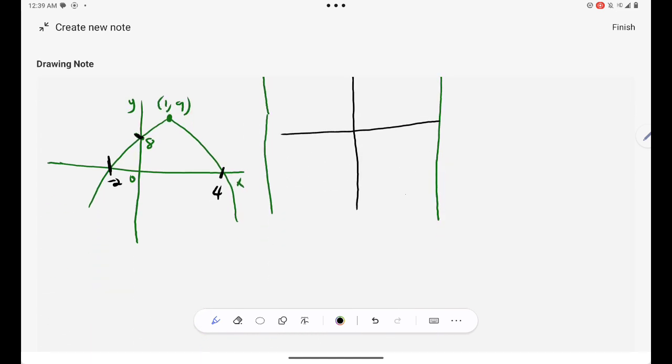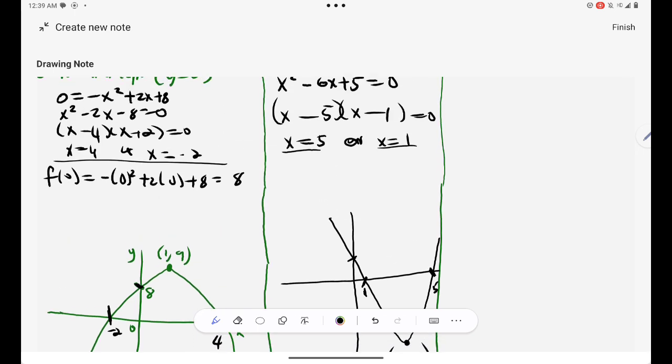It's somewhere here, and my x values are 5 and 1. Simply means that it will cut here and here, and my y value will be positive. I have 1 and 5 there.